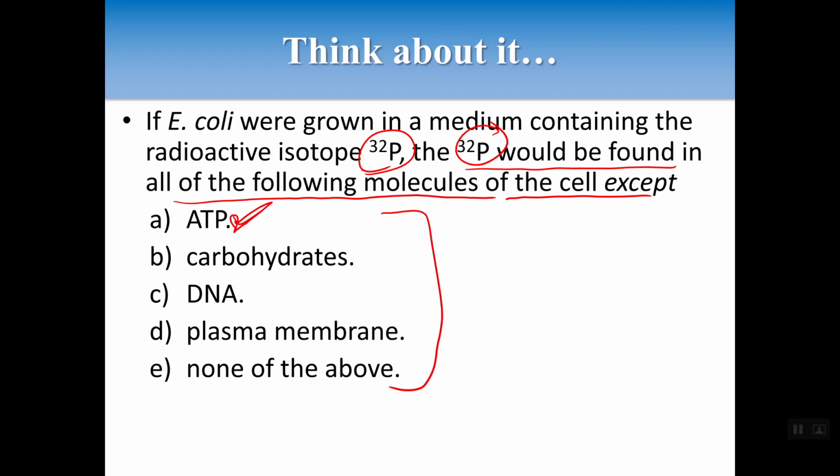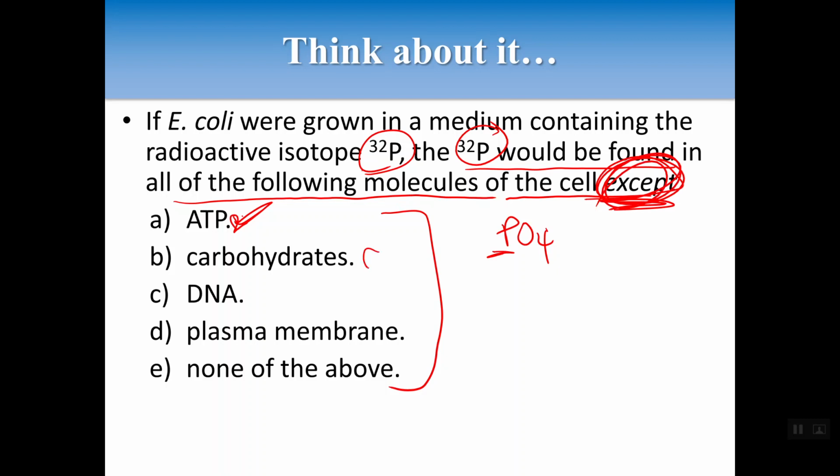It has 3 phosphate groups, and the phosphate groups contain a phosphorus. So yeah, that's actually a pretty good answer. Oh, sorry, we're asking, be found in all of the following molecules except, ooh, almost got myself. So except. So yes, we know that phosphate is found in ATP, so that phosphorus is there.